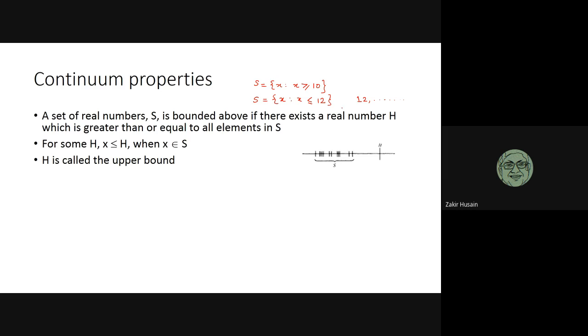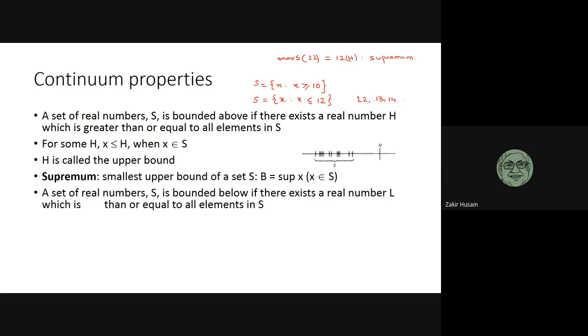In case of 12, H is equal to the maximum element, which is 12. In that case, H is called the supremum. But apart from 12, we can have other 13, 14. These are also upper bounds. So if you have one upper bound, you will have multiple upper bounds. And the lowest upper bound is called the supremum.